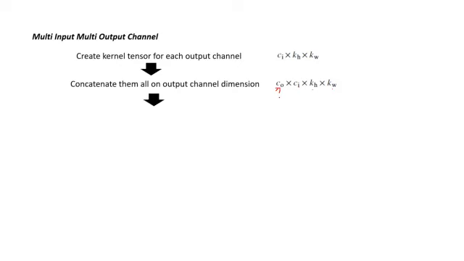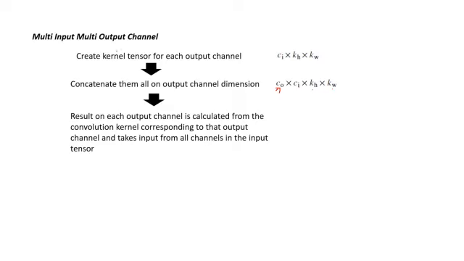Next, the result on each output channel is calculated from the convolution kernel corresponding to that output channel, and takes input from all channels in the input tensor. Now I know this doesn't make a lot of sense here.